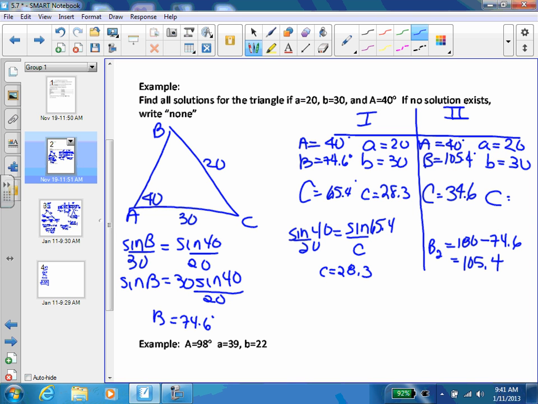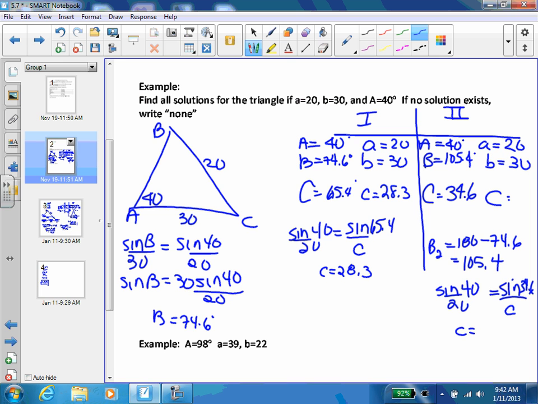As long as you show me your proportion, you can then just tell me what C is equal to. So the proportion for the second case would say the sine of 40 over 20 is equal to the sine of, in this case, 34.6, over C. So 20 sine of 34.6 divided by the sine of 40.